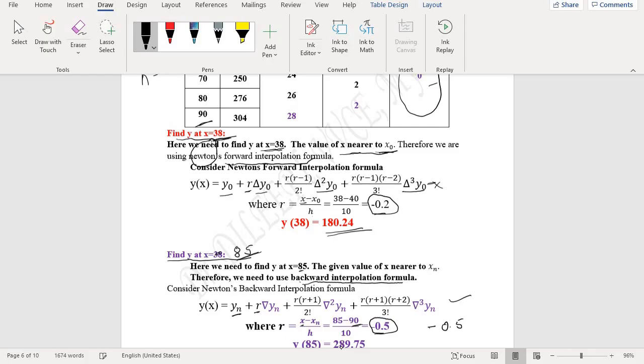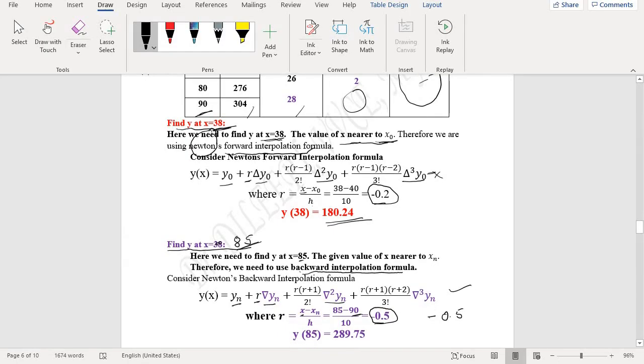Yn means the last value of y. Del yn is 28. Del square yn is 2. Del cube yn is 0. Substitute all the values. You will get the value of y when x is equal to 85. That is 289.75.